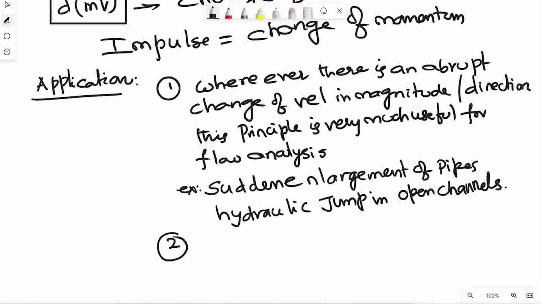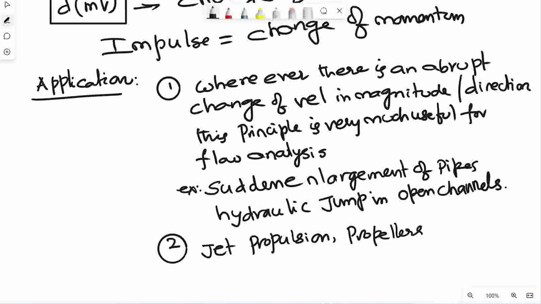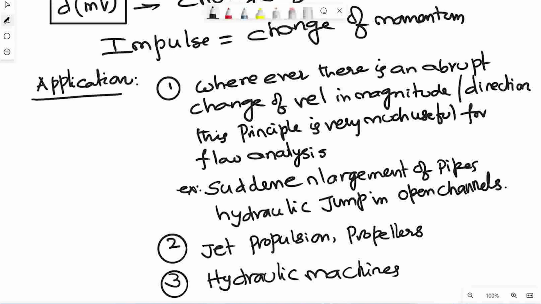Number two is especially jet propulsion and propellers. And the most important thing is that in all hydraulic machines, all three equations are used: the continuity equation, Bernoulli's equation, and this one, especially in turbines and jets.